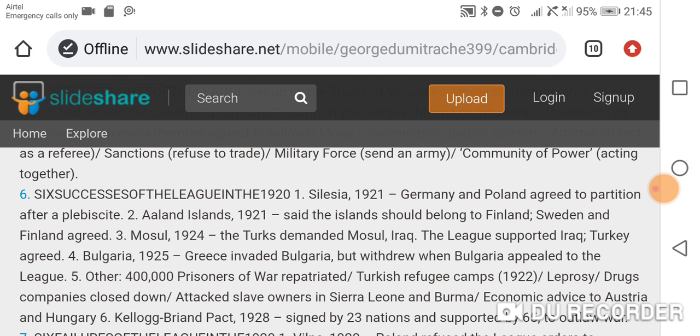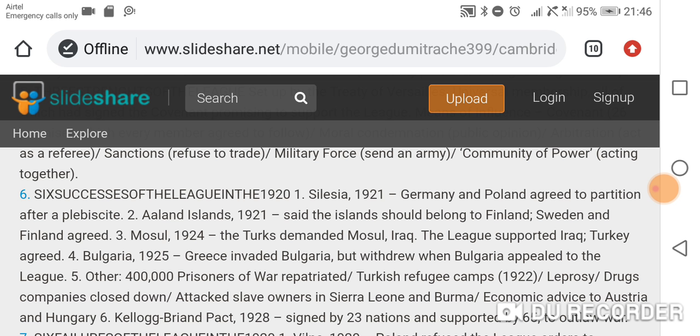And the second success of the League was with the Åland Islands in 1921, where it was said that the islands should belong to Finland. This was because Sweden and Finland were having disputes as to where the island belonged, and Sweden and Finland did agree with the decision of the League of Nations.